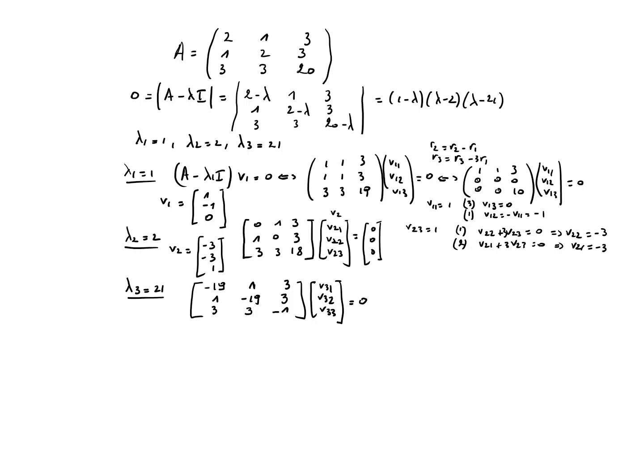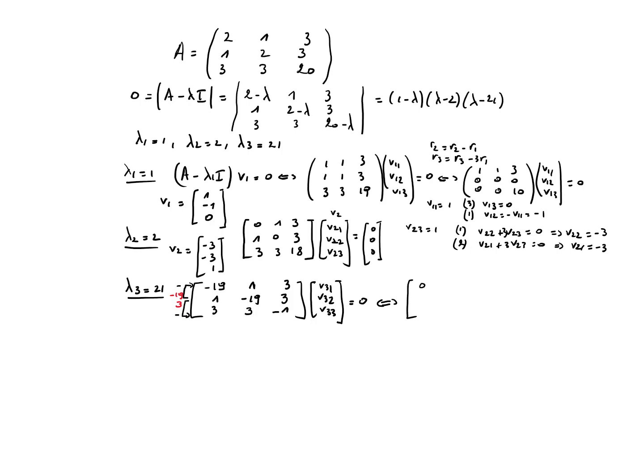Okay, so what we can do over here is maybe do some row operations, okay, and produce zeros over here. So the multipliers will be minus 19 and 3, okay, and this will lead to the following equivalent system.